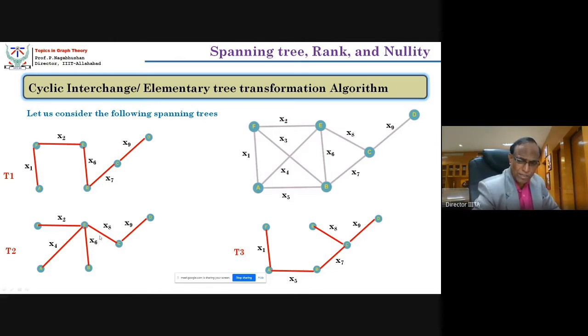Let us look at an interesting application. Let us assume that this is the representation of a big text, a big paragraph, very big write-up. Okay, very big essay. Therefore, a tree can be considered as a summary of an essay. This is the summary written by candidate number 1.